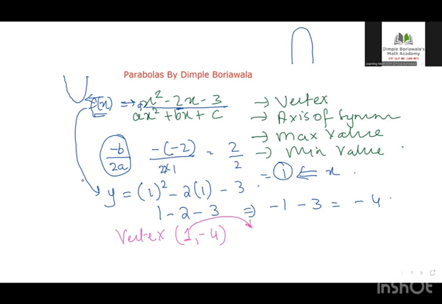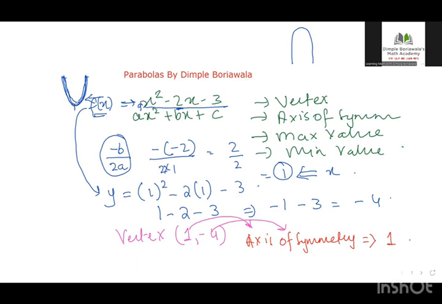Now always remember, the x coordinate of the vertex is concerned with your axis of symmetry. So your x coordinate of the vertex will be your axis of symmetry. So what is my axis of symmetry over here? It's 1. And your y coordinate of the vertex is concerned with your maximum or minimum value. Now, looking at the equation, we are aware that our curve, our parabola, because it's positive, will be upward facing.